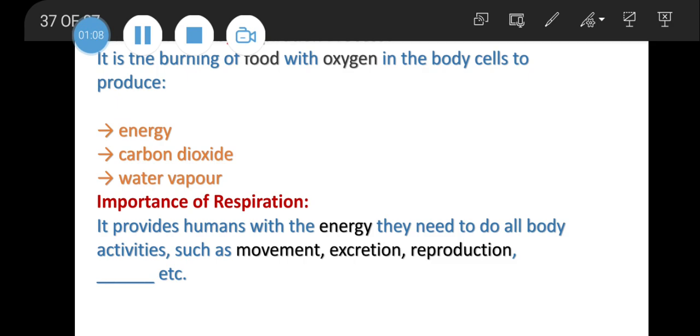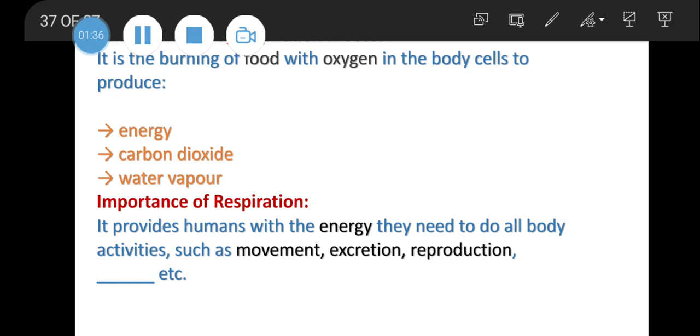Inside your body we have the food which is being digested, and we are going to breathe in oxygen, and the oxygen will react with the food and produce energy, and also carbon dioxide, which we are going to breathe out, and also water vapor. So it's like an equation.